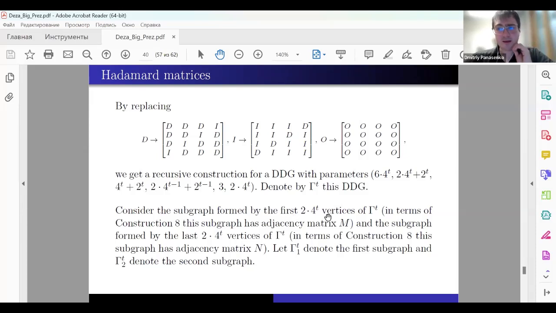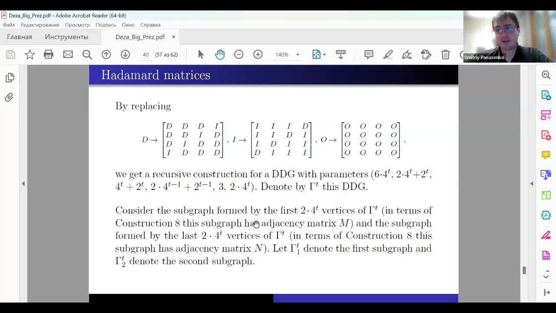Now we can go to these two subgraphs that were denoted by matrix M and matrix N in the definition of the construction. These are the graphs that we are left with when we remove 2 to the power 2t vertices.